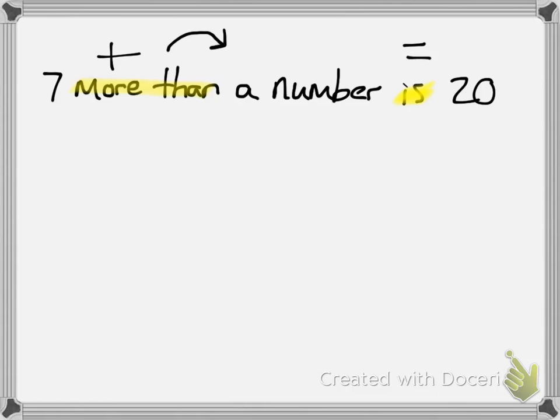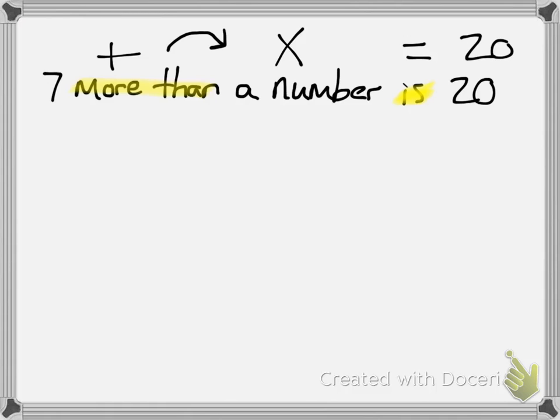You think equals. Okay? Now, when it's talking about a number or something unknown, that's where we're going to put a variable. A variable is a number that goes into an equation that can change. And so in this case, it just says a number, and we don't know what that number is, so we're going to give that number x. All right, as the variable, not the multiplication sign, but the variable x. 20, we already know what it is.